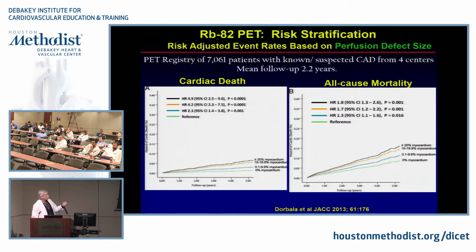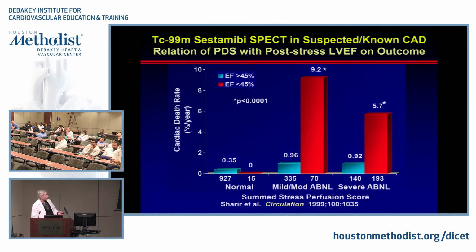This has also been shown with rubidium PET imaging. This is looking at 0% abnormal myocardium up to greater than 20%. And you can see the incremental increase in cardiac death, and also all-cause mortality as the defect size gets larger, right? We also know there's an interaction with ejection fraction.